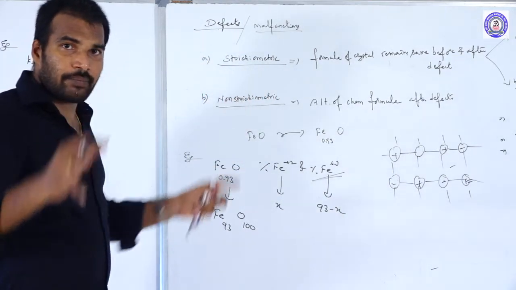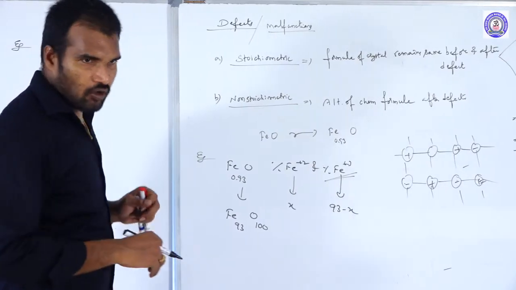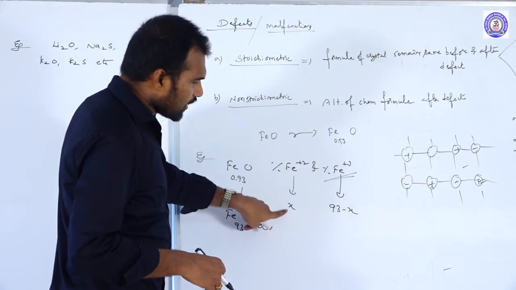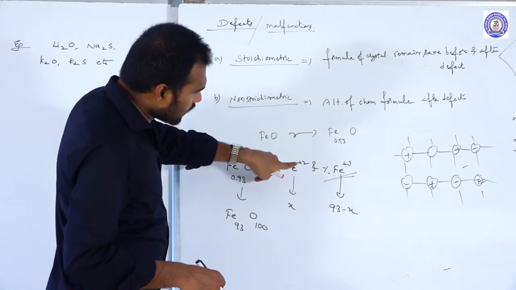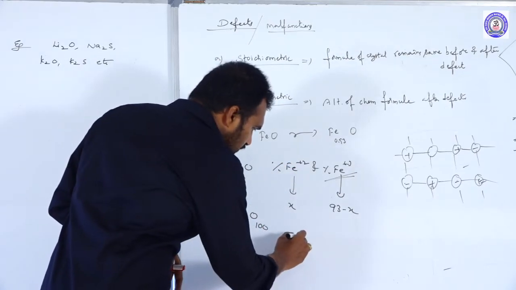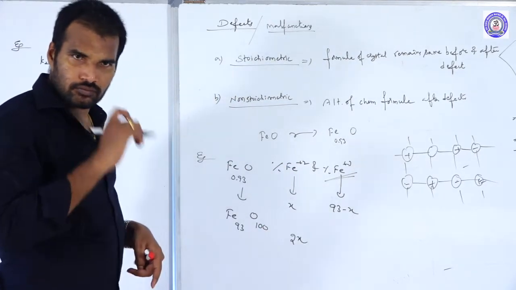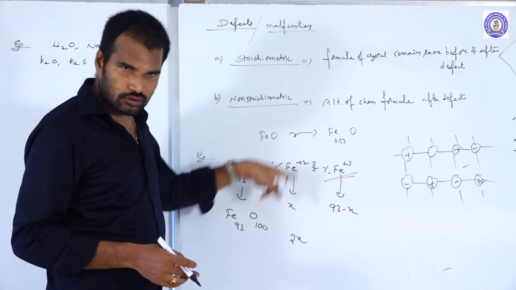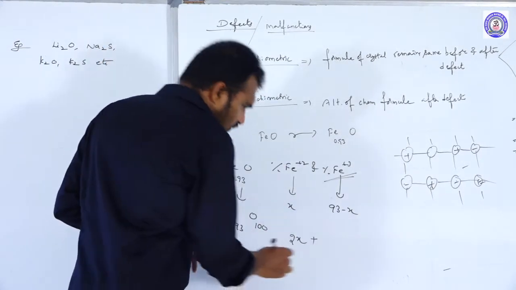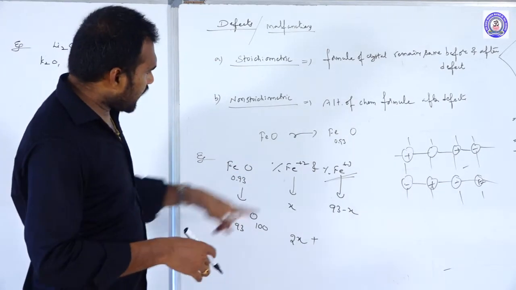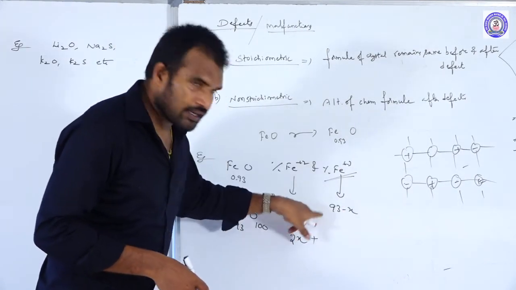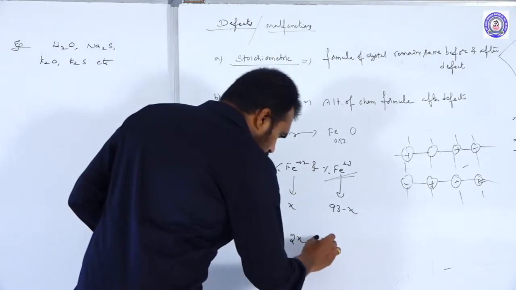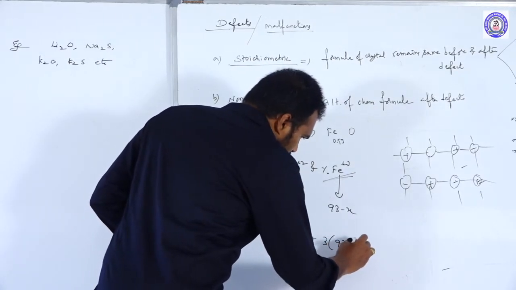So the total magnitude of positive charge is how much? The number of ferrous ions is X, and the charge over it is plus 2, so 2X. Plus, for ferric ions, plus 3 into how many atoms? 93 minus X. So 3 into (93 minus X).